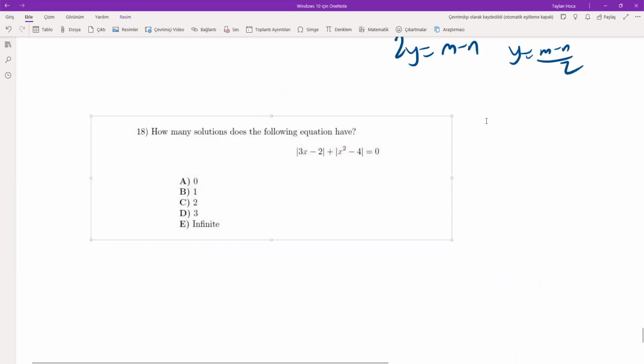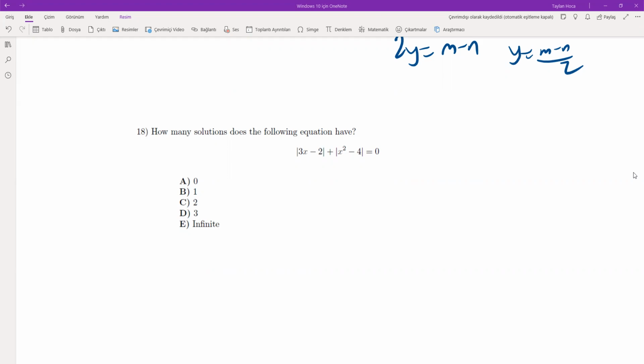So this one. First, don't do any calculation. No calculation is necessary. Tell me your answer via chat without doing any calculation. Tell me what you think. Okay.